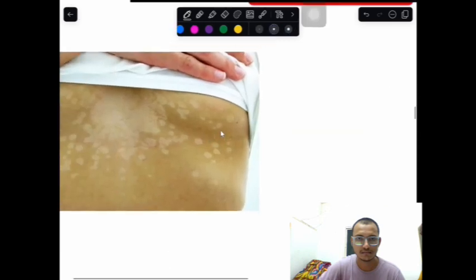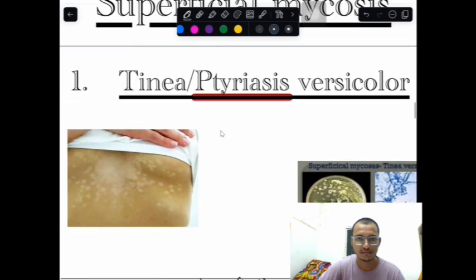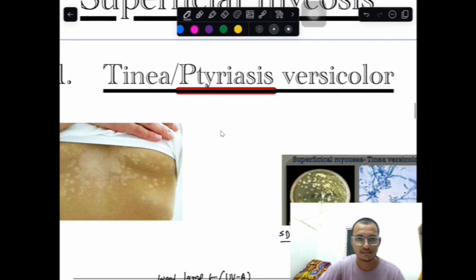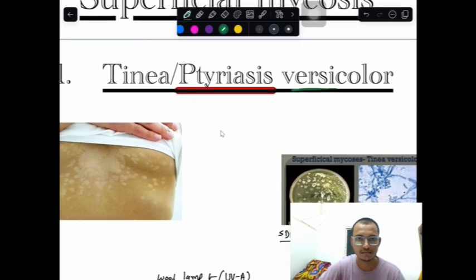So what is the meaning of pityriasis or tinea? Versi means various, color means color. Pityriasis, the other meaning is all over body or upper body, right? Are you getting it?